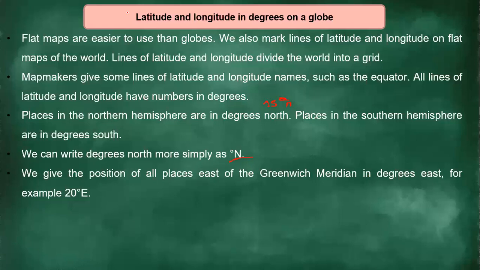Okay, I saw Kia's hand, and I'm also seeing Mokhale's hand. Mokhale, you have a question? No, ma'am, I was just saying an example: if you say 20 degrees east, you can also say, for example, 100 degrees east, north, west or south.